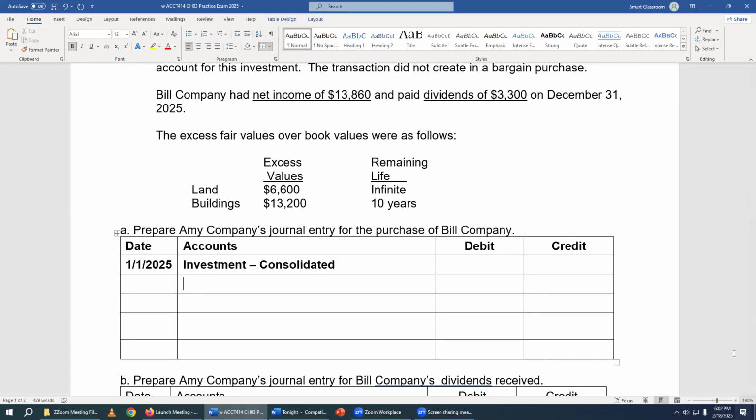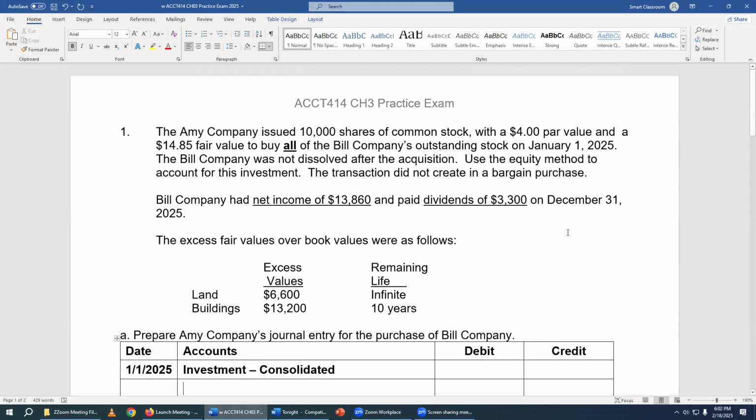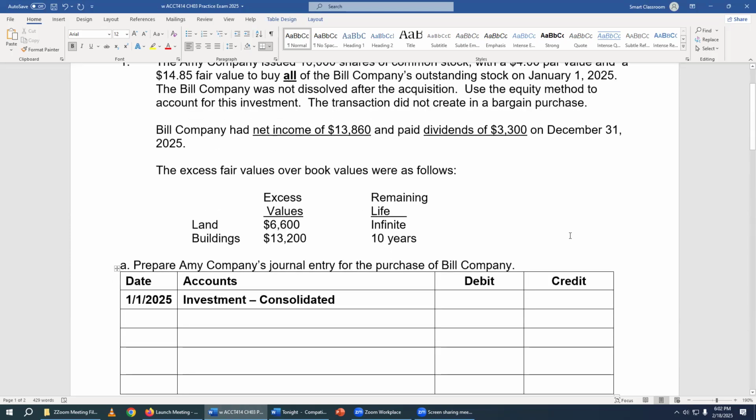And I don't know the price just yet, but we issued stock for it. 10,000 shares of stock. By the way, this is an asset going up. This is equity going up.